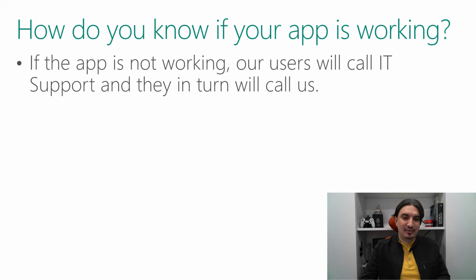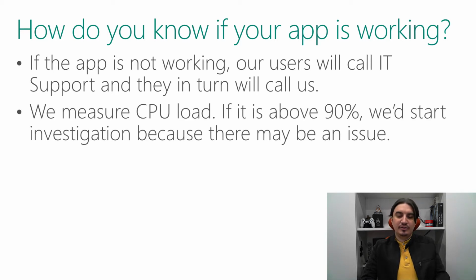Another option for monitoring your app, or at least that's what I've heard from engineers from different companies, is that they will monitor the CPU load, for example, and if CPU goes above 90%, they may start the investigation. But technically that gives you nothing, because if CPU went above 90%, what does that mean?